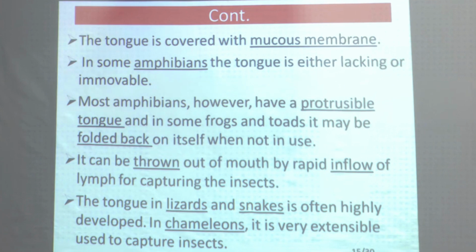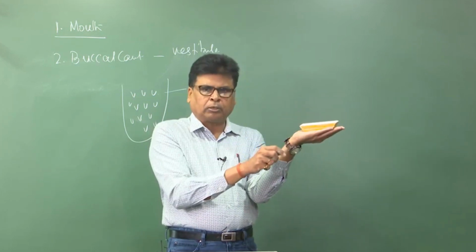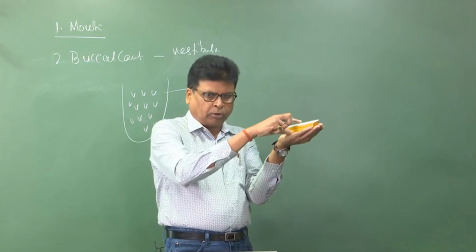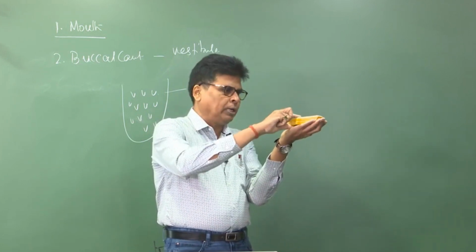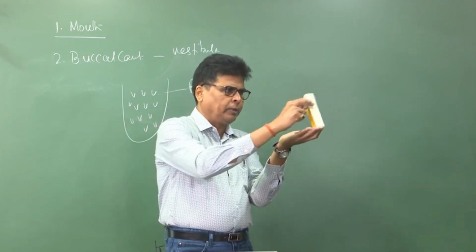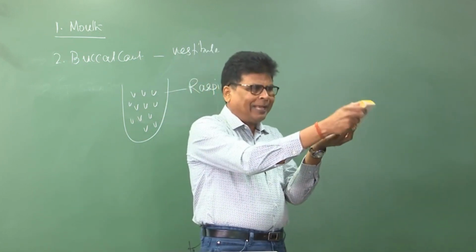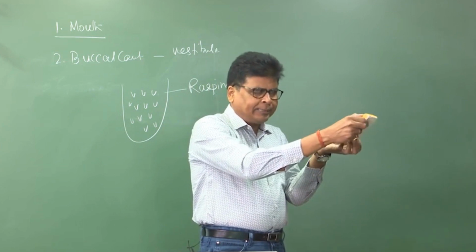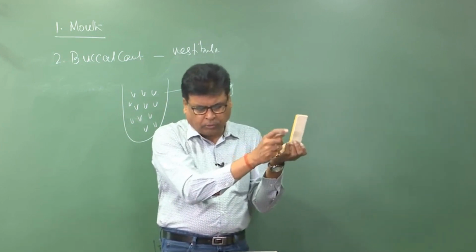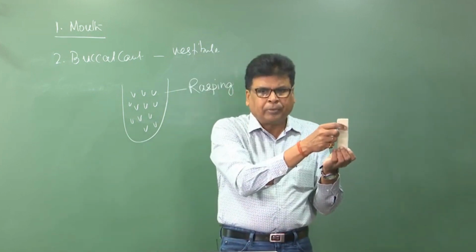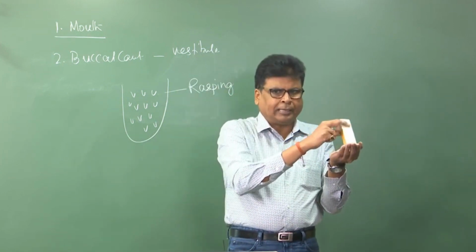The most important thing is that, for example, this is the buccal cavity and this is the tongue. Whenever the prey comes in contact with this frog, the frog will immediately evert the tongue. It will throw the tongue against the prey, and the tongue will give the inflow of lymph for capturing the prey.